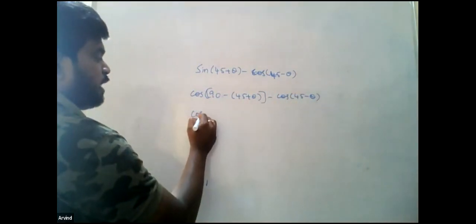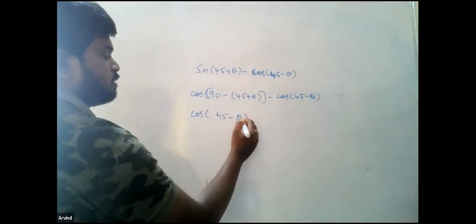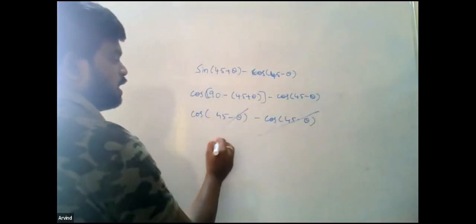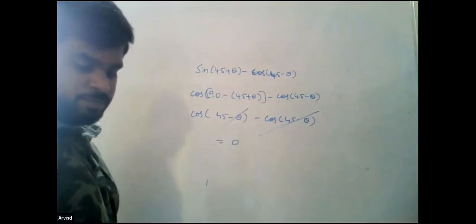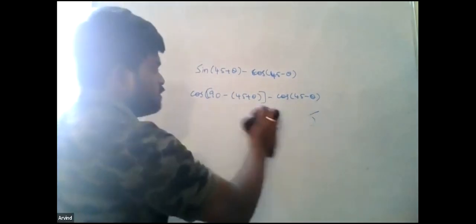So remove the brackets. 90 minus 45 is 45. Minus into plus is minus. So cos of 45 minus theta, cos of 45 minus theta, both get cancelled. You'll be left with 0. So that's the answer. Most of the things will be based on complementary angles itself. Okay.